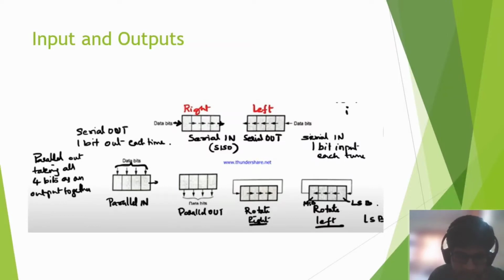For serial in and serial out, there are two shifts, right shift and left shift. In right shift, we provide the data on the leftmost flip-flop and the shift occurs from left to right. However, in left shift, we provide the data from the right side of the register and it shifts from right to left of the register. Similarly, in parallel in and parallel out, we have rotate right and rotate left. In rotate right, we provide the data in the most significant bit flip-flop and it shifts from MSB, that is left, to right.